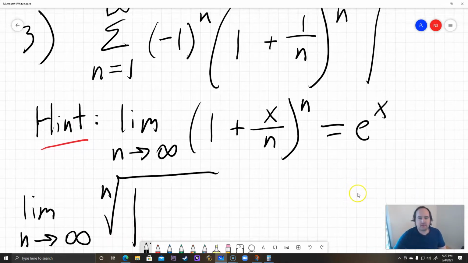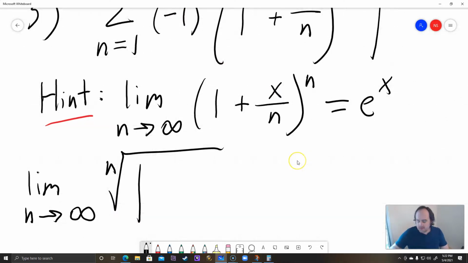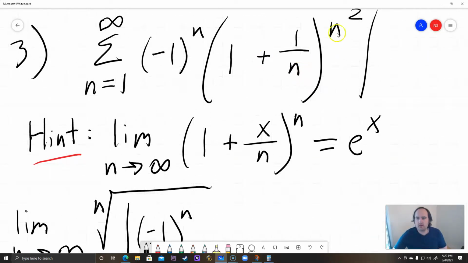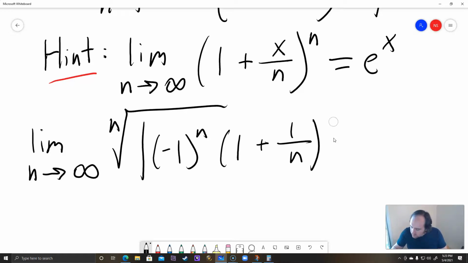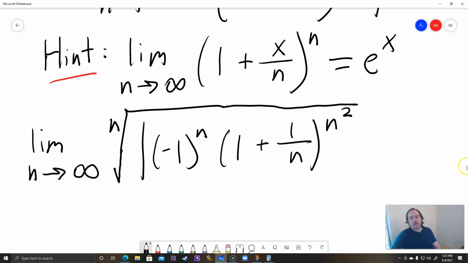So that's going to be the absolute value of (negative 1)^n times (1 plus 1 over n)^(n squared), and then of course there's an absolute value around that.